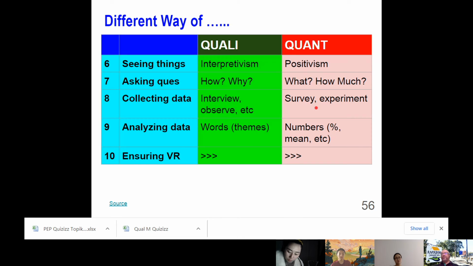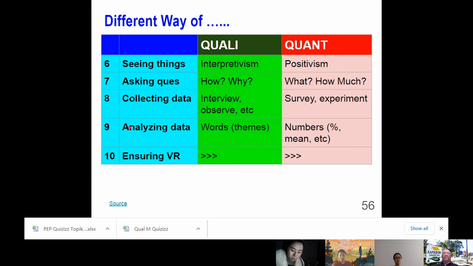Survey is when you have your questionnaire and you distribute it to other people, whether in print form or through the internet. You can also have experiments. For example, if you have a new innovation and you want to know whether it is useful or not, you can test it out on your students.